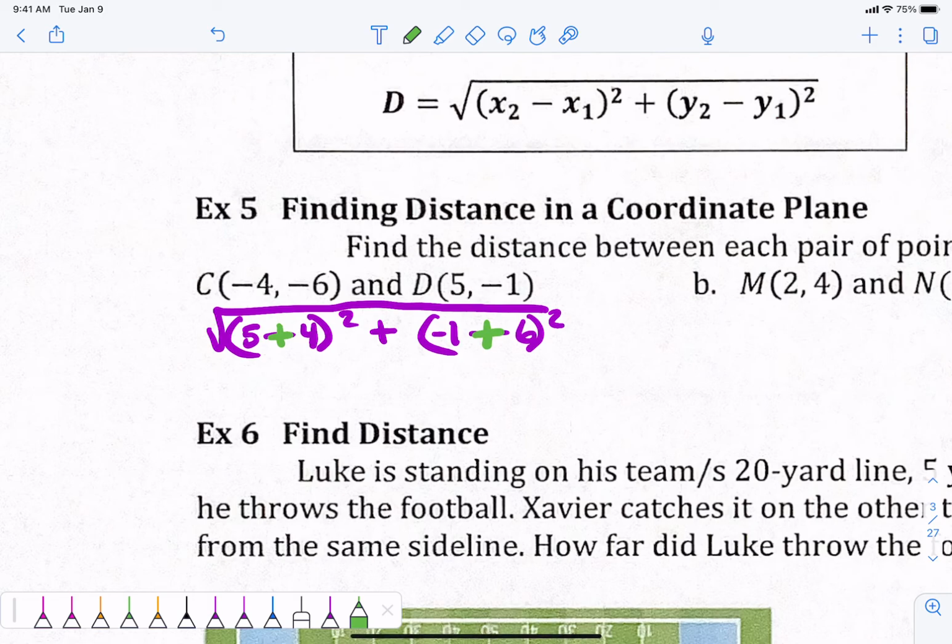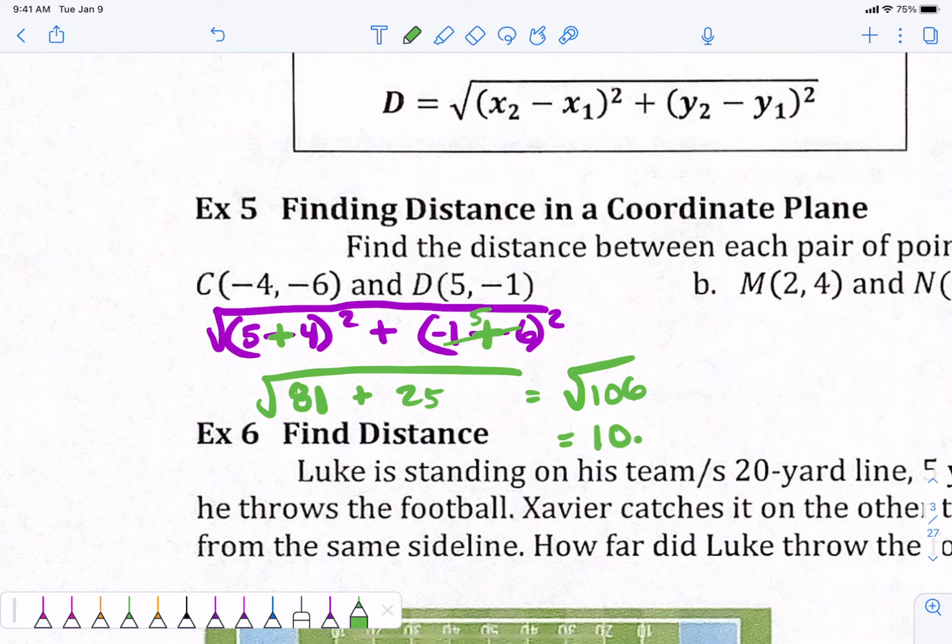So 5 plus 4 is 9, and we have 9 squared, which is 81. Plus negative 1 plus 6 is 5, and 5 squared is 25. So that is the square root of 106, which is 10.3, I think, is what we ended up getting as a decimal. Okay, does that make sense?